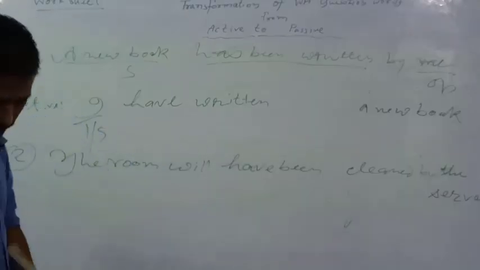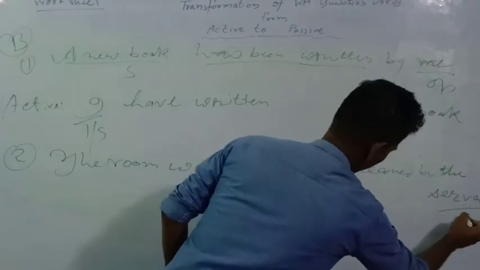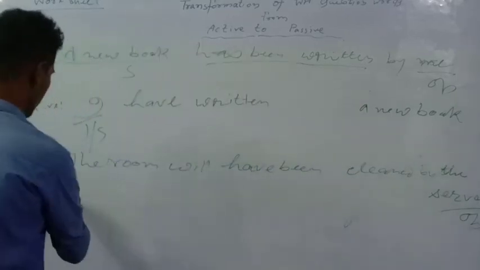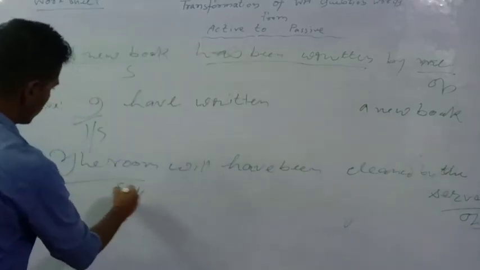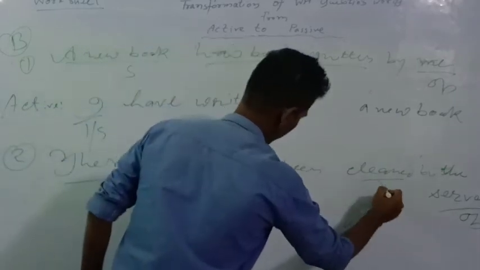Okay, the room will have been cleaned by the servant. So number 2. The servant is the object. The room is the subject. Here clean is the verb, V3.